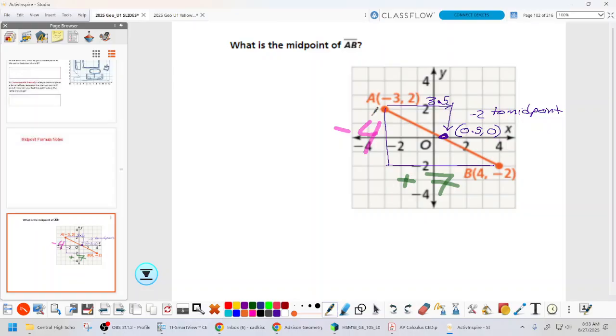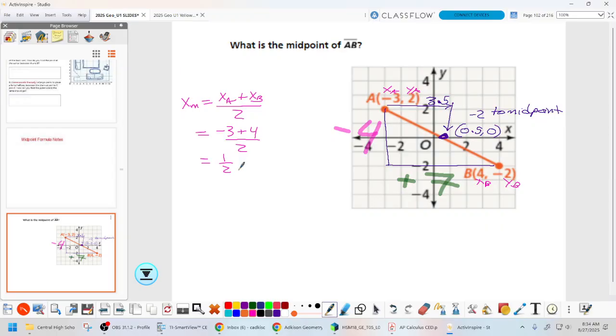So I just want to show you, we thought through it graphically, but for the x's, we have our formula. And look what happens. XA, what was the x coordinate of the A endpoint? It was -3, right? So XA, YA, XB, YB. Okay, so -3 plus 4 over 2, which is -3 plus 4 is 1, so that's just 1/2.